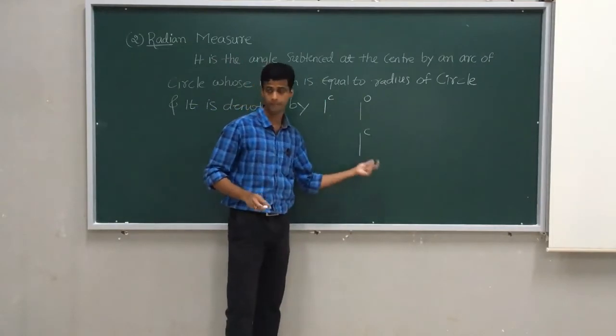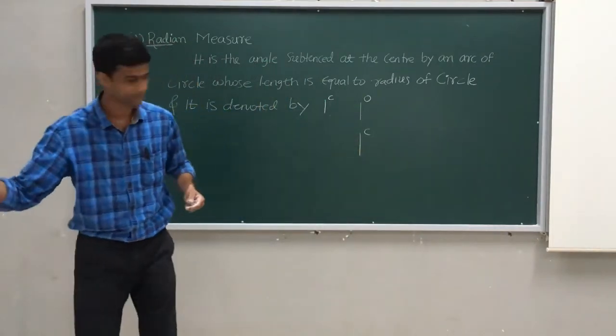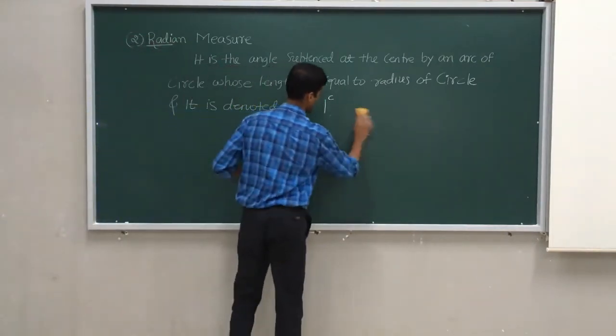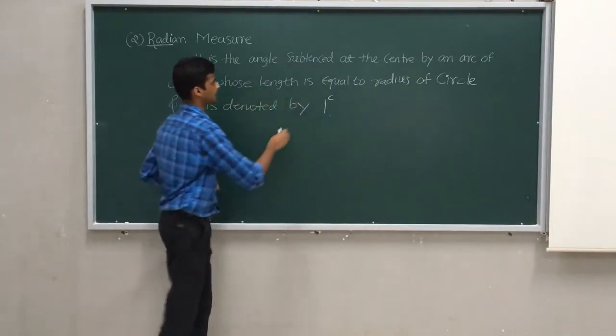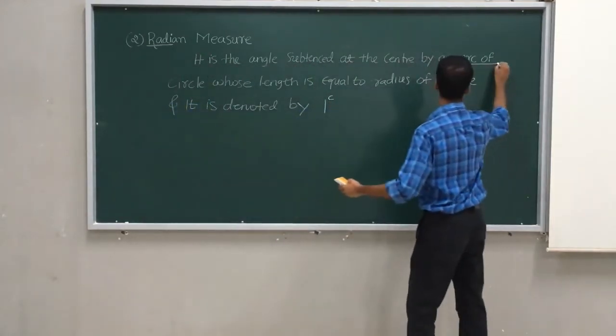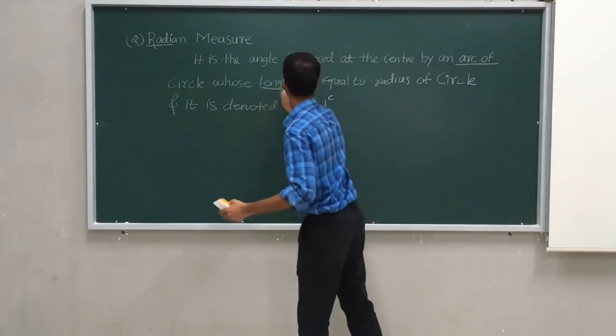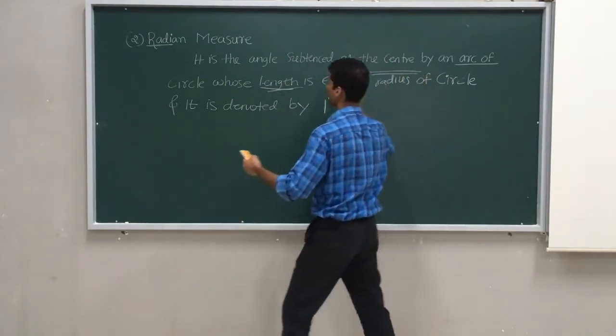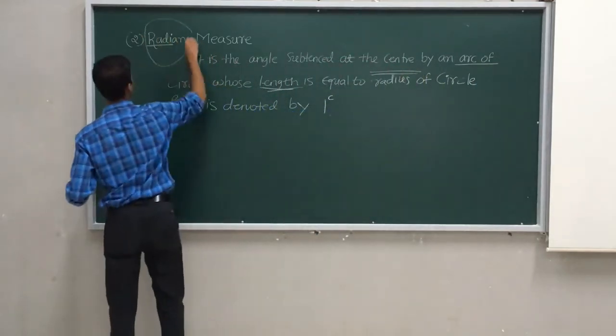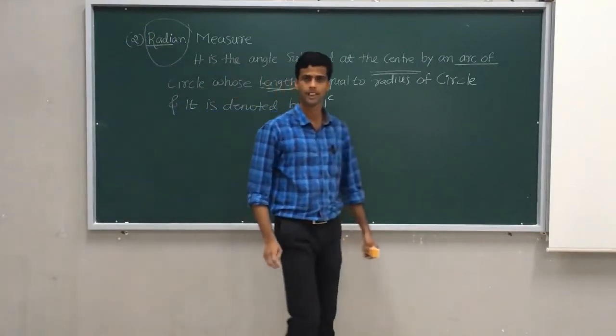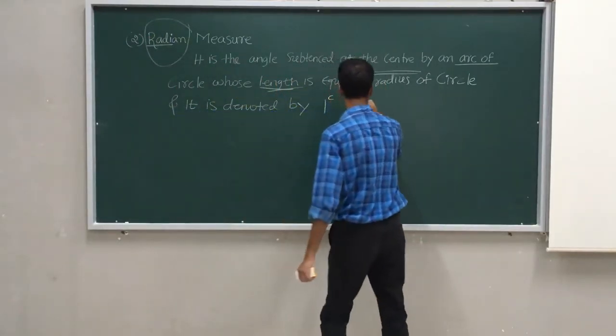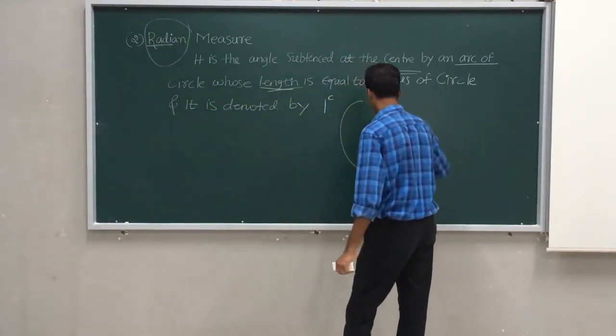Mention it neatly. This arc length is the same as the radius, no? That's why they have given the name radian. Understood?